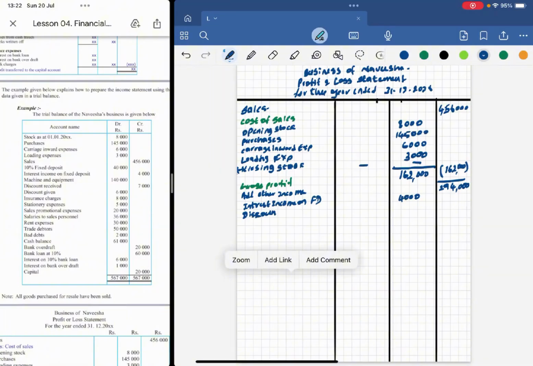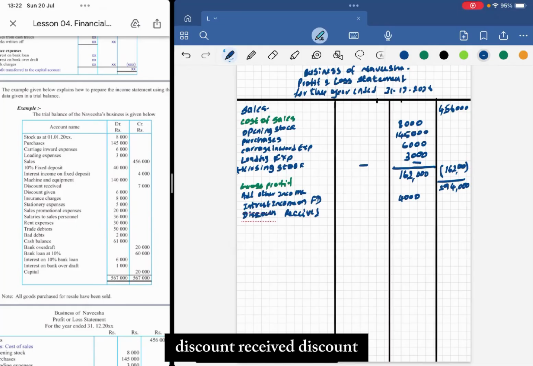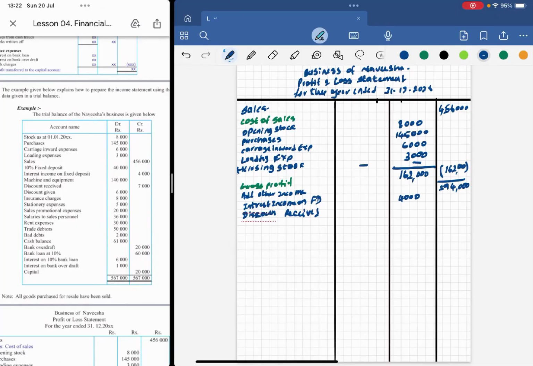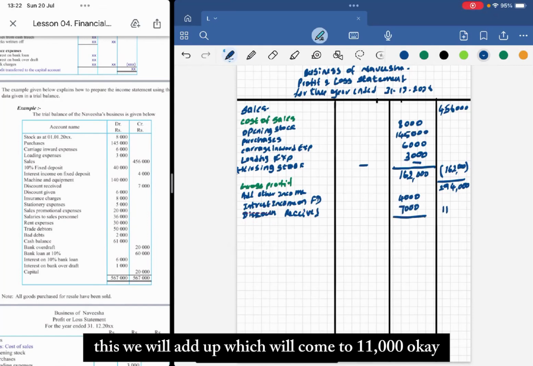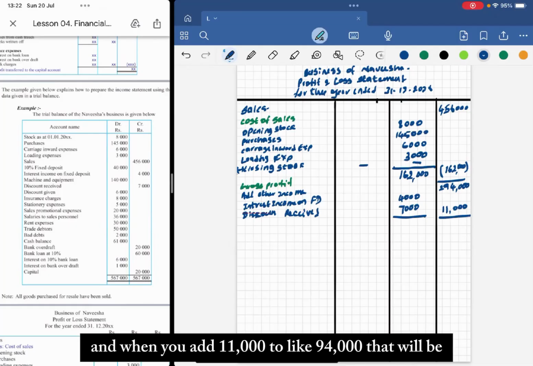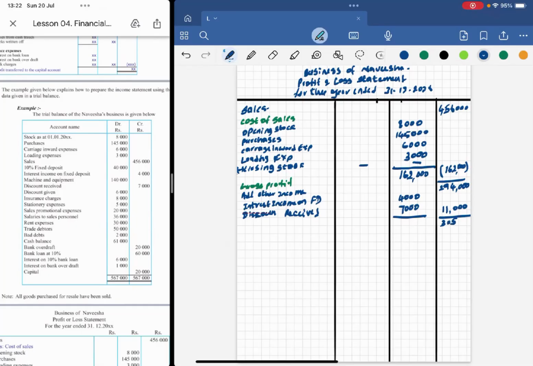Discount received is 7,000. This we will add up, which will come to 11,000. And when you add 11,000 to 2,94,000, that will be 3,05,000.